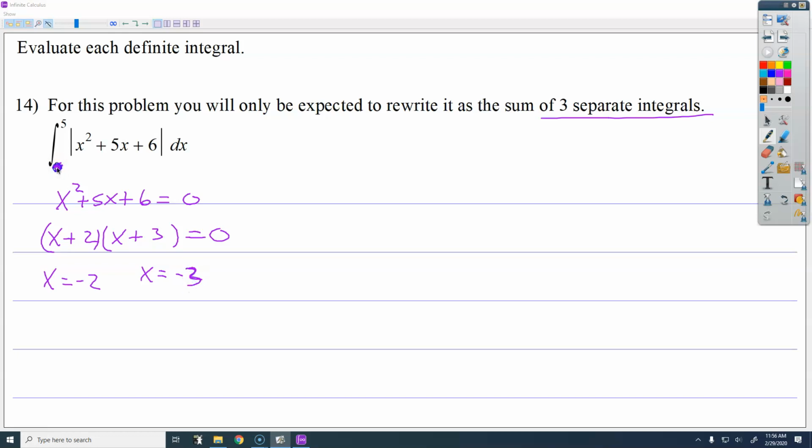Before I upload, I'm going to fix these limits. I'm going to change the limits to -5 and 0, so this works out better for us. Okay, so now we do a number line test, right? Anything to the left of -2.